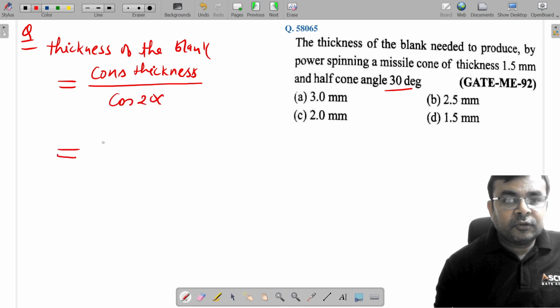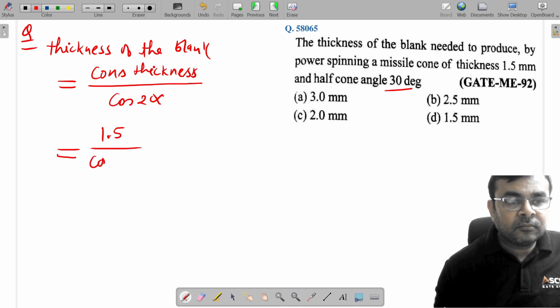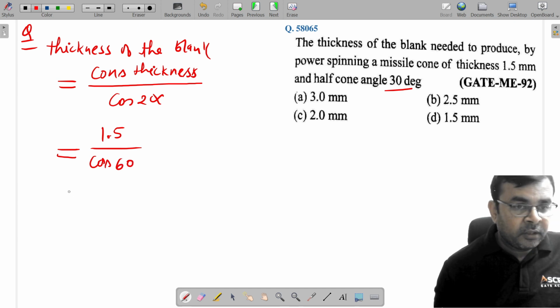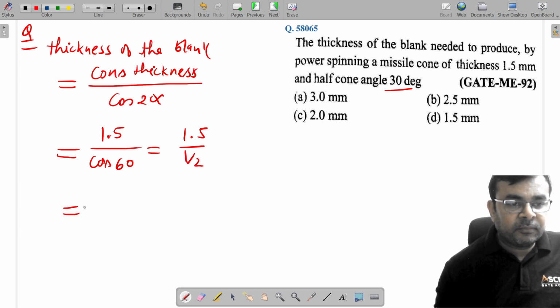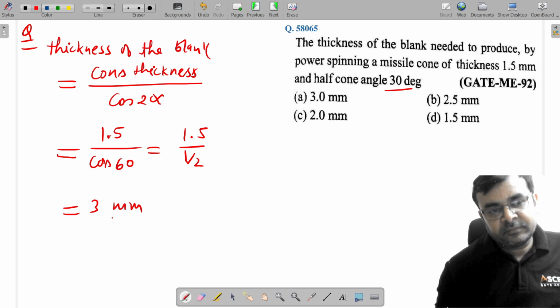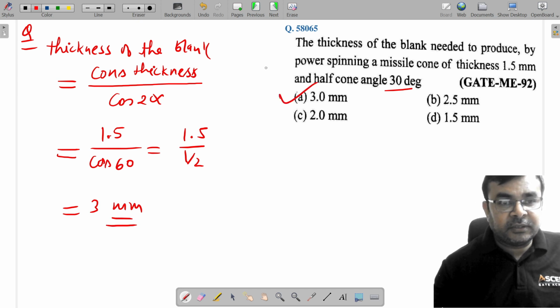You must remember this formula. Correct? So cone thickness is given as 1.5 mm, and the half angle is 30 degrees, so 2 alpha is 60 degrees. Yes or no? So cos 60 is 1 by 2. So from this we get 3 mm. So the correct answer is option A. 3 mm is the right answer.